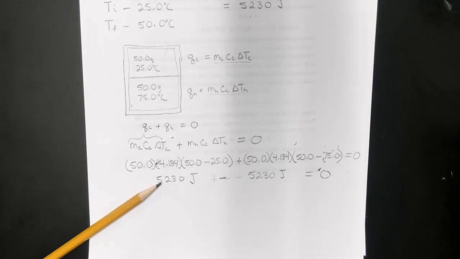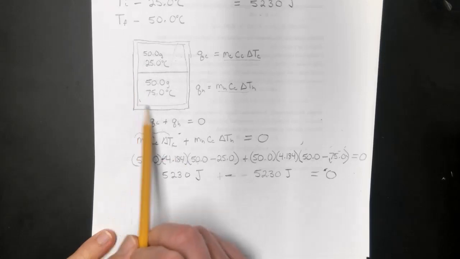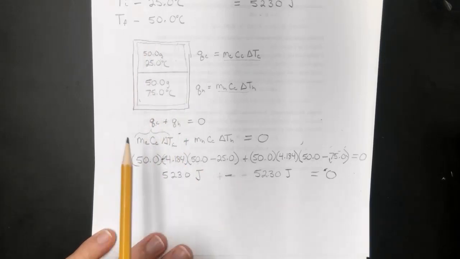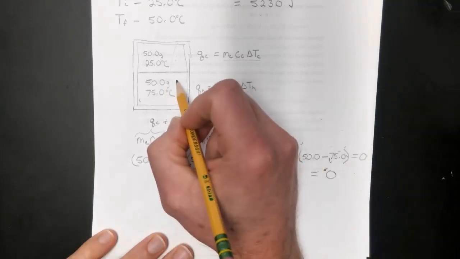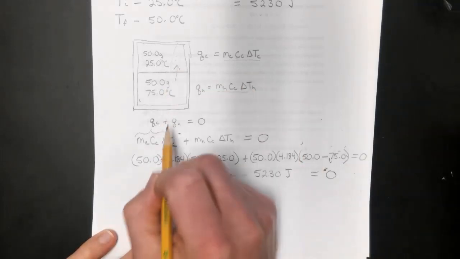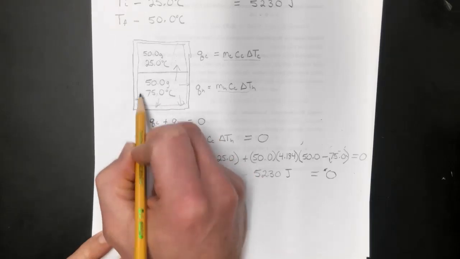Now, why is that? The reason is that we have these walls of the container, and they are also going to absorb heat. So not all of the heat goes from the hot water to the cold water. Some of it goes into the wall of our container. And we're going to call this container the calorimeter. And we have to take that into account.